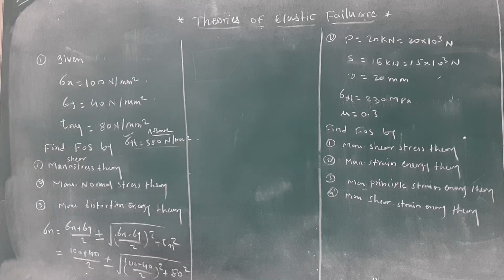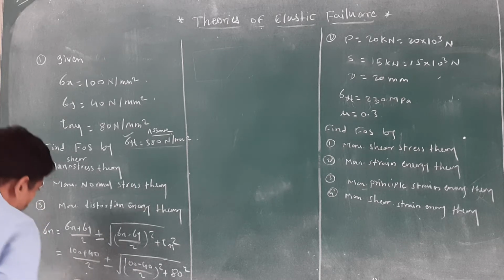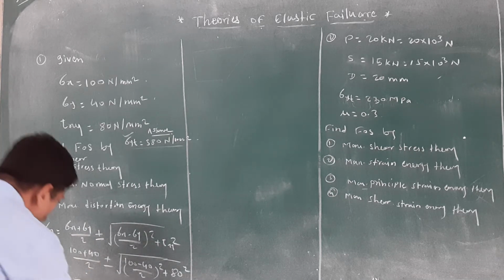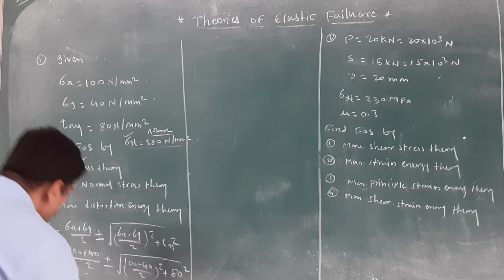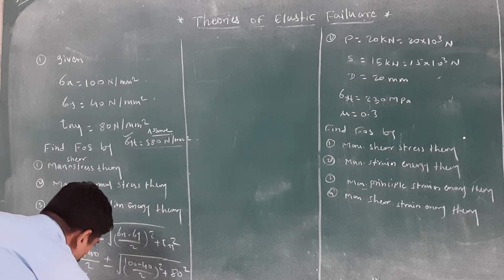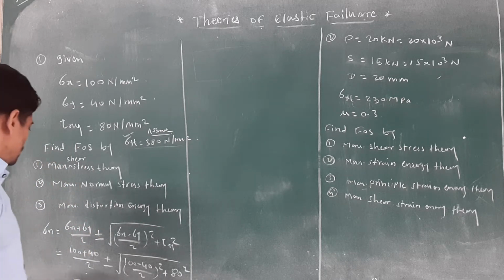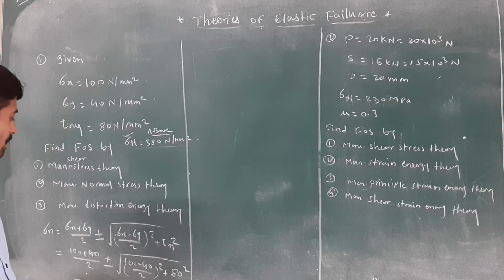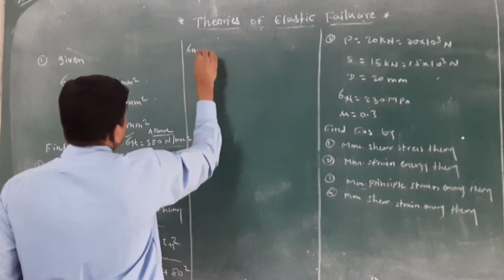If you solve this equation, you will get 140 divided by 2, which is 70, plus or minus the root value, 85.44. So you will get 70 plus or minus 85.44. Then I will write here sigma n1.